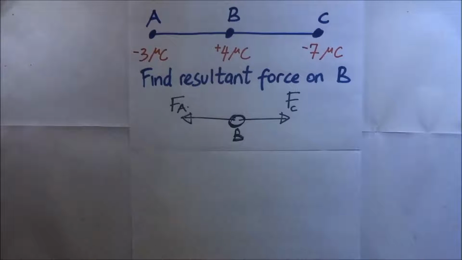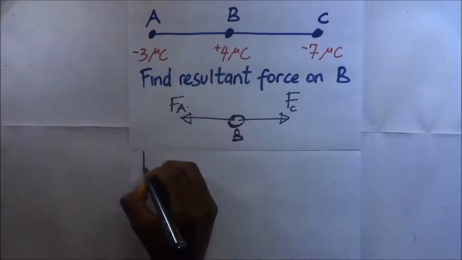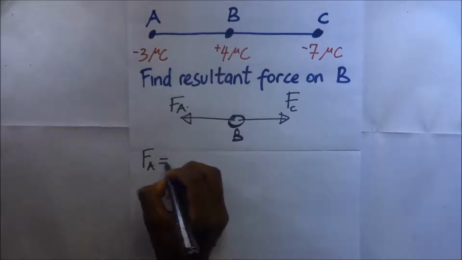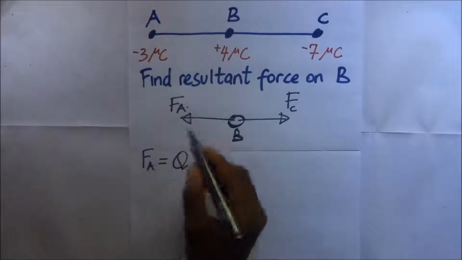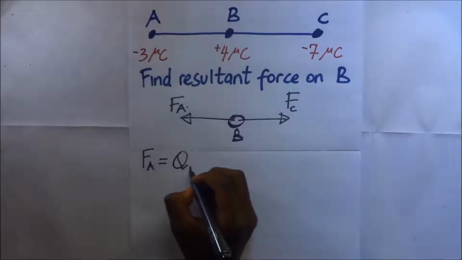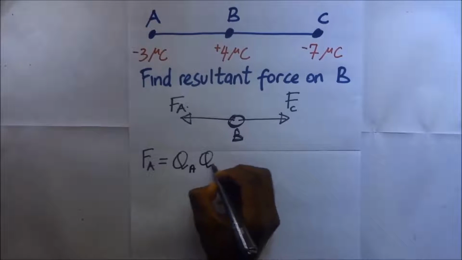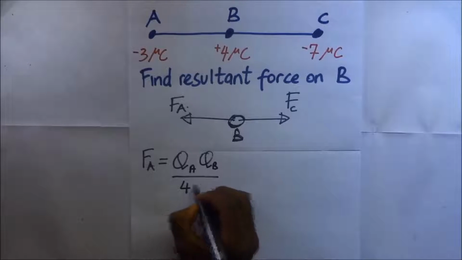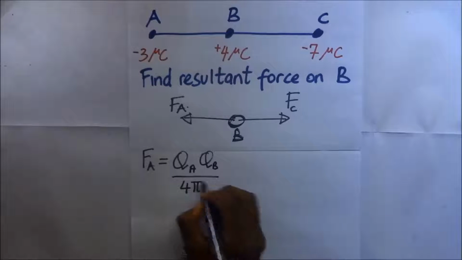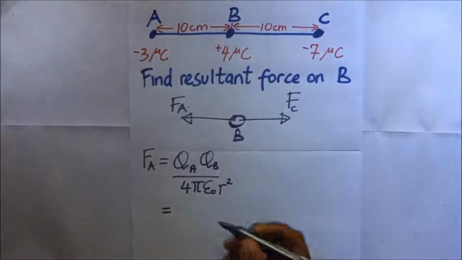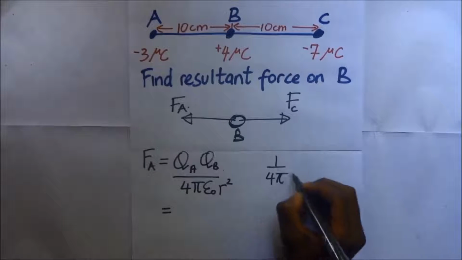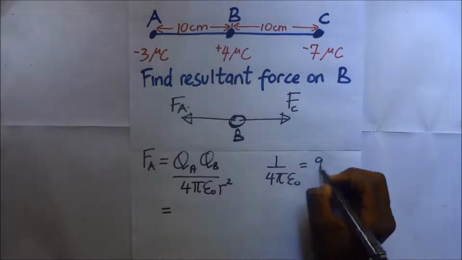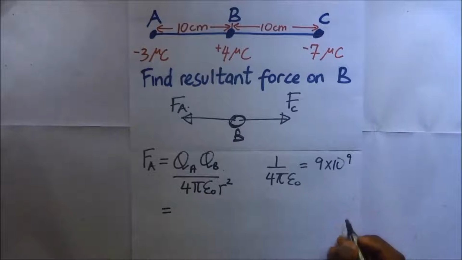So let's find the force of attraction due to A. The force of attraction due to A is going to be equal to QA times QB over 4 pi epsilon naught. But like we said before, 1 over 4 pi epsilon naught is the same as 9 times 10 to the power 9.